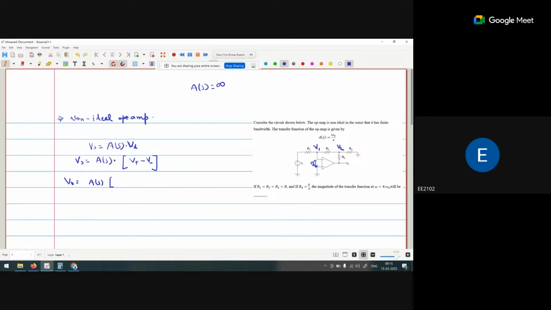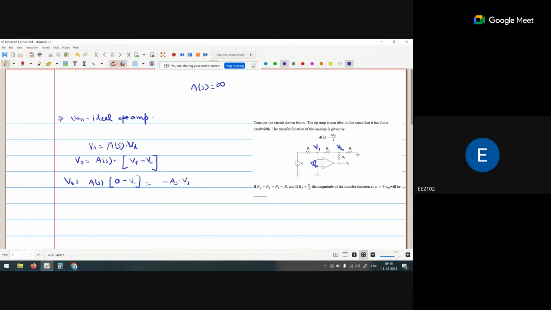The positive terminal is grounded, so V positive is zero. And what is the V negative voltage? V negative voltage is equal to minus V out upon A(s).